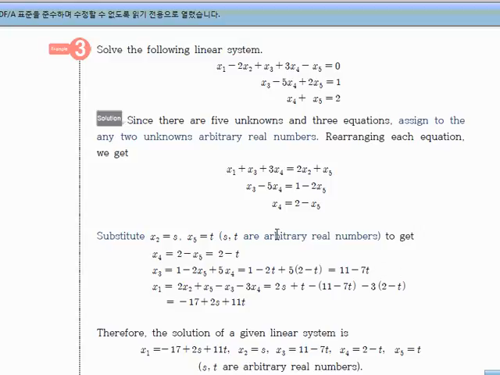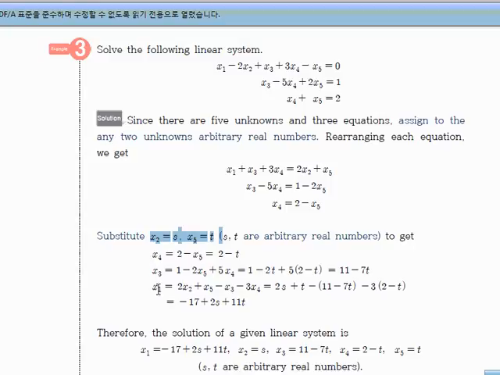Okay, example 3. Solve the following linear system. Here, you know how to solve it. Here we have 3 equations and 5 unknowns. So usually we assign arbitrary real numbers to any 2 unknowns. Let's say it's S and T for x2 and x5.